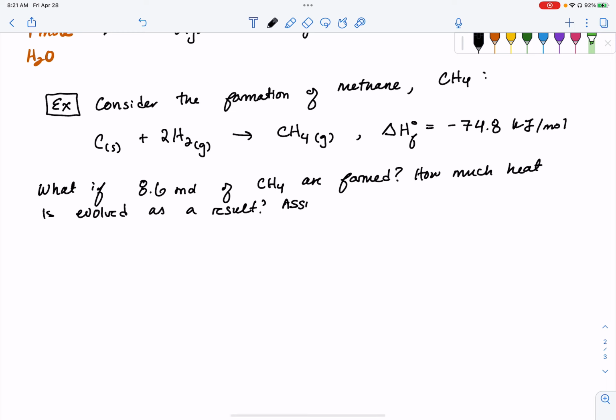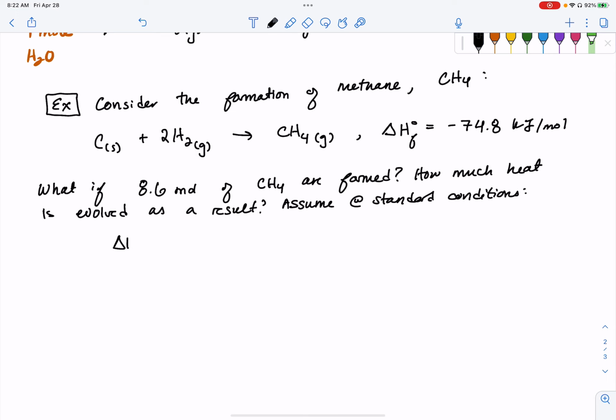And if we assume we're at standard conditions, then we can use this standard heat of formation as a conversion factor.